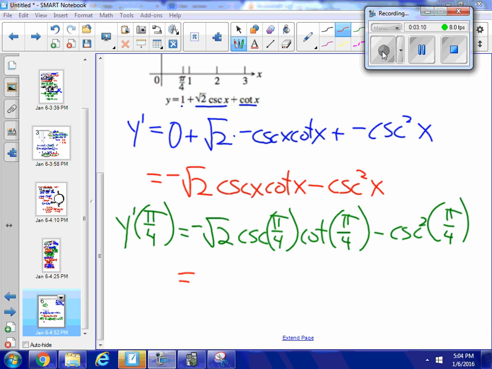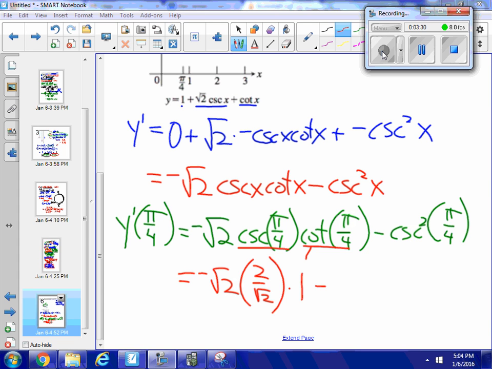Well, that's equal to negative radical 2 times 2 over radical 2 times 1. So cosecant pi over 4 is 2 over radical 2. Cotangent pi over 4 is 1.